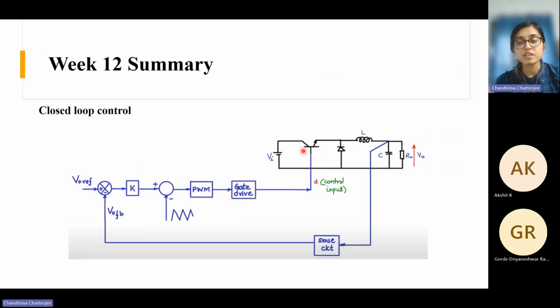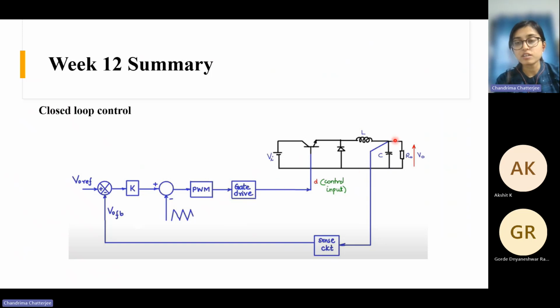Now, you can give those pulses at a particular duty, right? You can fix a certain duty ratio, suppose 0.4, and generate the pulses. Or if you want to implement closed loop, then you will have to make this structure.